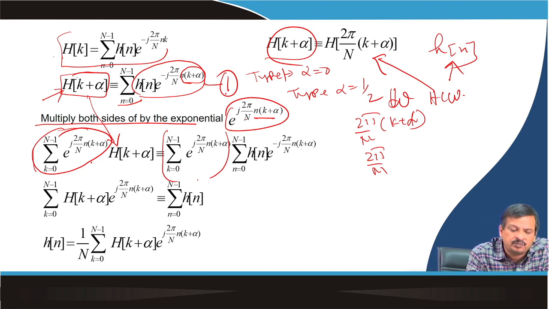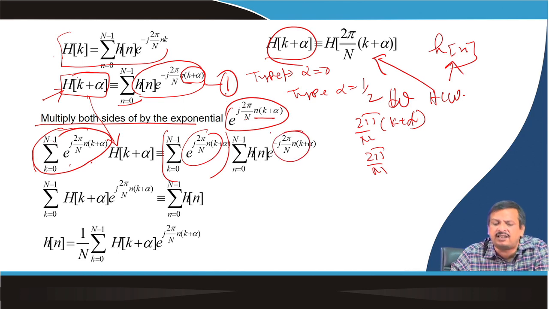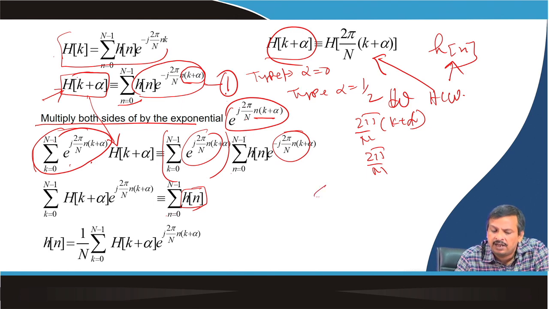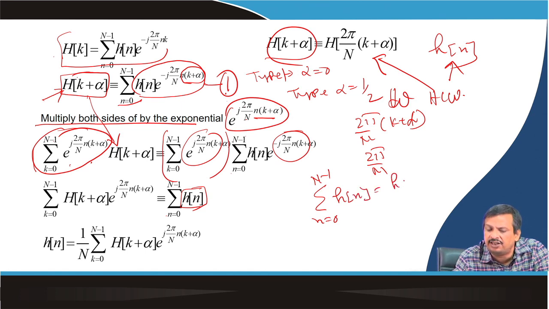Now, if you see, this one is equal to this one and this one will cancel each other. Which is nothing but the sum over n equal to 0 to n minus 1 of h of n. That is h0 plus h1 plus and so on.